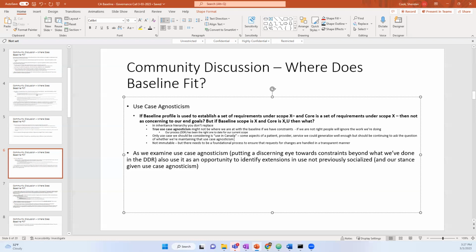So with that lens, the current course of attempting use case agnosticism as the baseline requires constant refinement as more and more folks bring up, hey, this doesn't fit what I have modeled, and I don't need this constraint that you've applied.